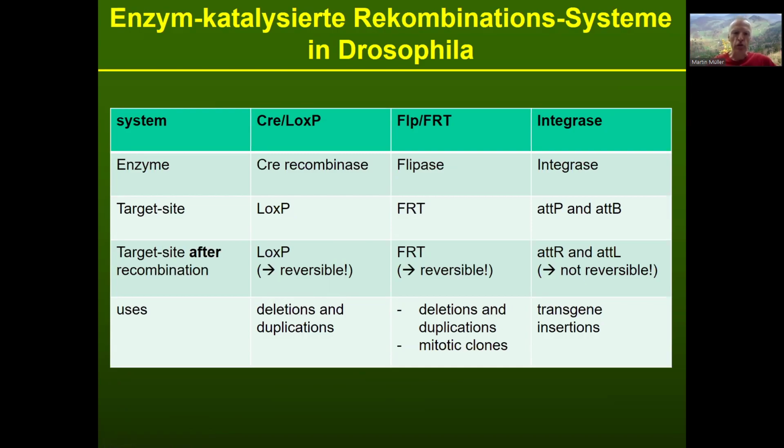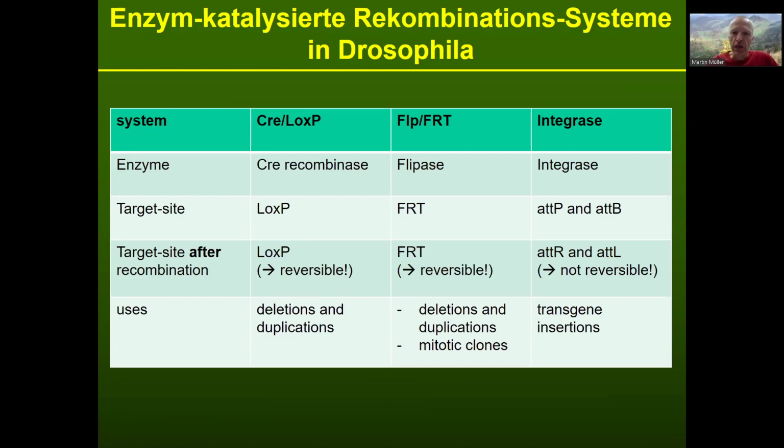I'm sure you have heard that in lectures dealing with mouse genetics. It's also reversible, so you can use the LoxP site again to do another round of Cre treatment. And as I said, it has been used in mouse to make deletions and duplications.